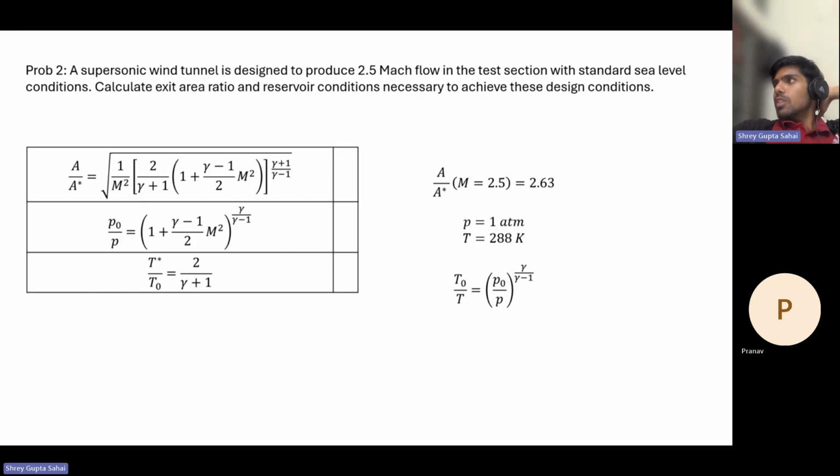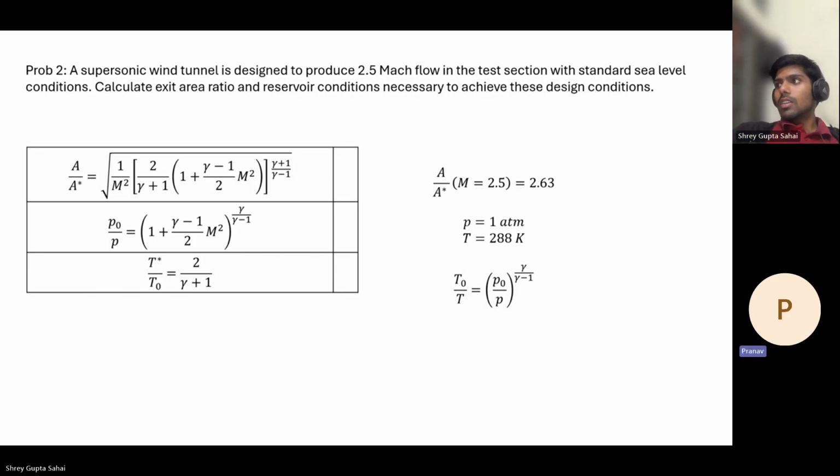Let me give you the values so that we can have a little bit of a feel for it. The reservoir pressure will come out around 17 atmospheres. Temperature is going to come out about 650 kelvins. So pretty high values, right? This implies that if you want to design a supersonic wind tunnel and use it as a blowdown facility, you have to severely heat the reservoir to 600 Kelvin, which is about 400 to 450 degrees Celsius.